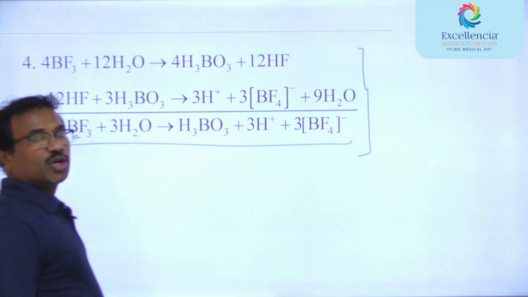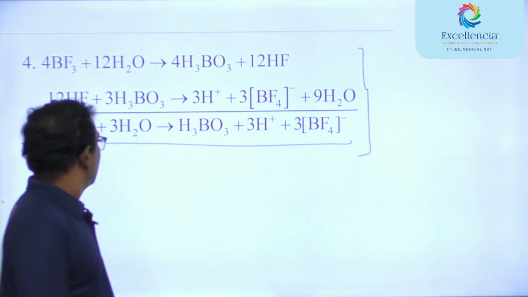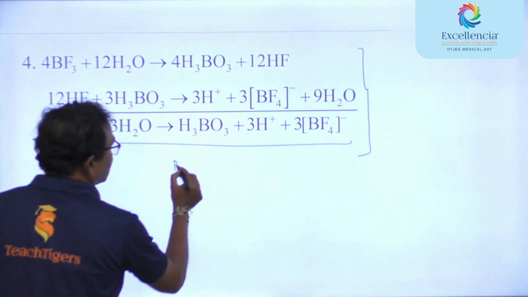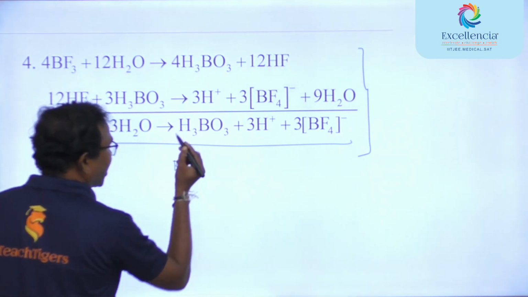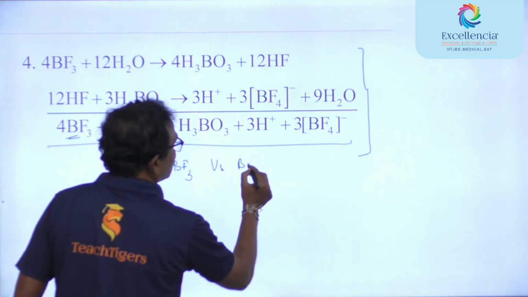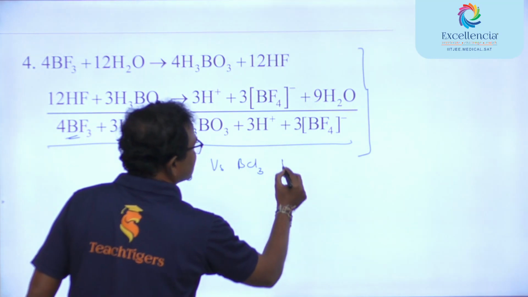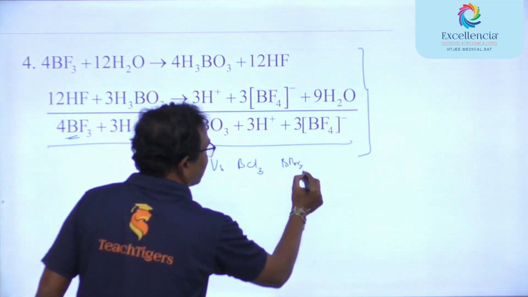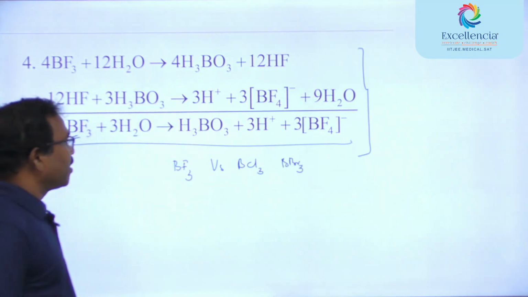Boron is coming from the third group element. This is BF3. So usually the comparison is between BF3 versus BCl3, boron trichloride, or sometimes BBr3 also, from 13th group elements.